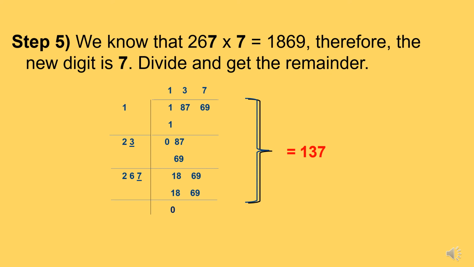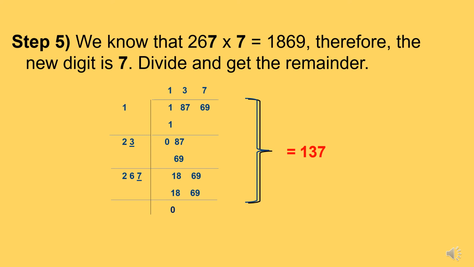So 267 sevens are 1869. We write 7 in the space of that blank and in the quotient area also. The remainder is 0.